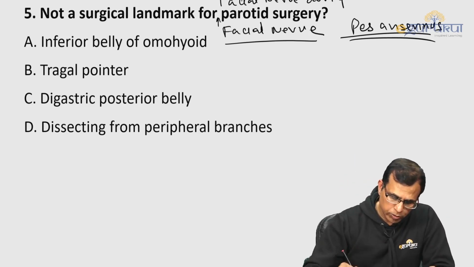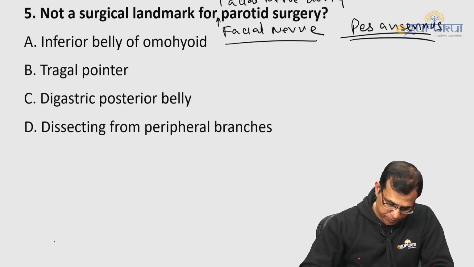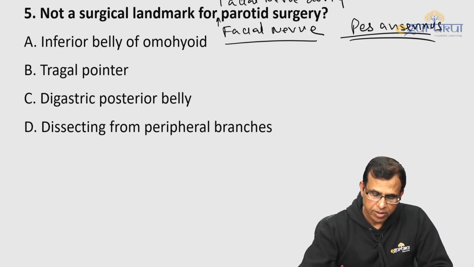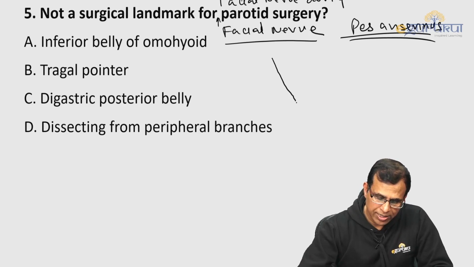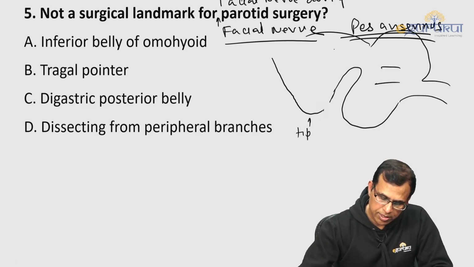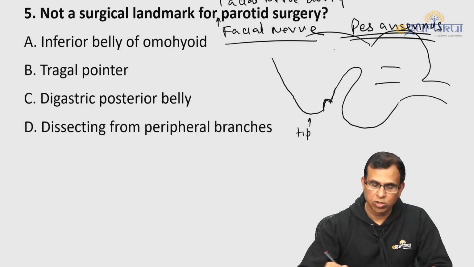The second important thing I want to tell you is about when I draw the middle ear cleft. Those who have done the lecture know I draw the mastoid like this and then the middle ear is drawn like this. In the mastoid tip, there is a groove on the medial side.